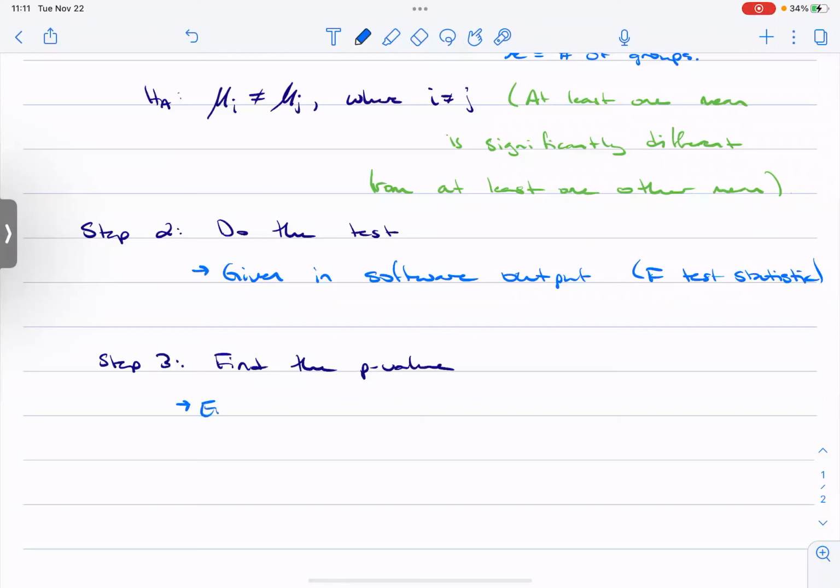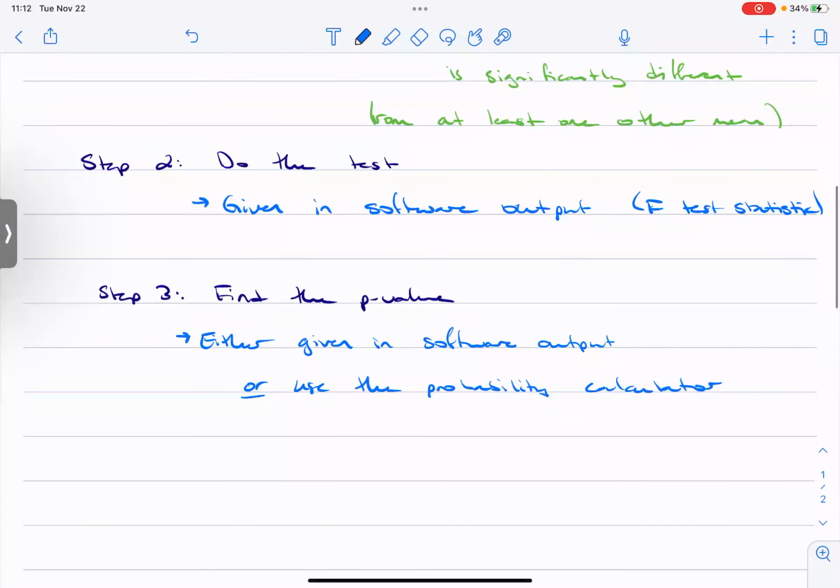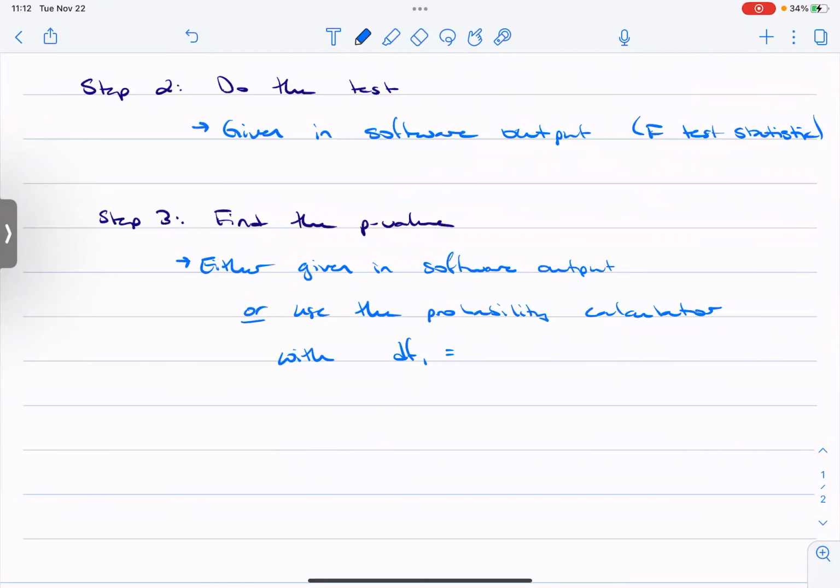So it's either given in software output or use the probability calculator with DF1, and that's kind of a generic way to write it, but it translates to the calculator as well, is the number of groups minus 1, and DF2 is n minus k.